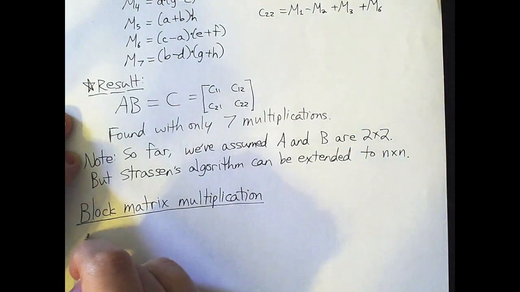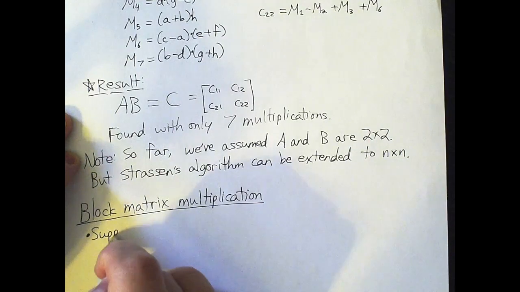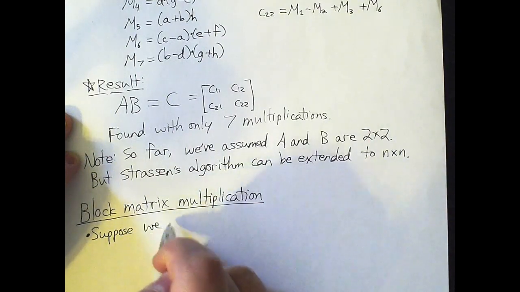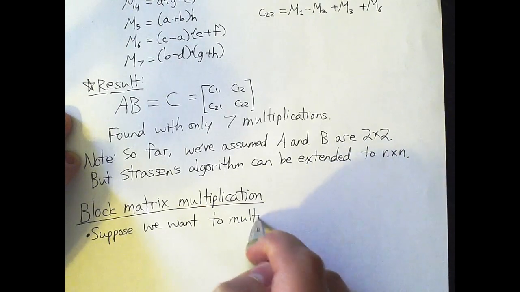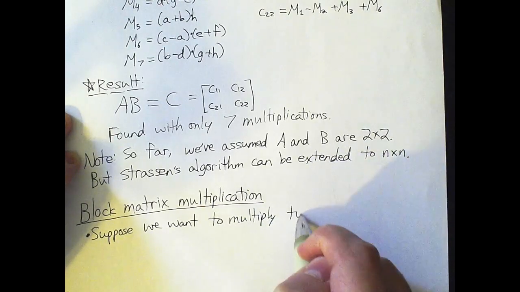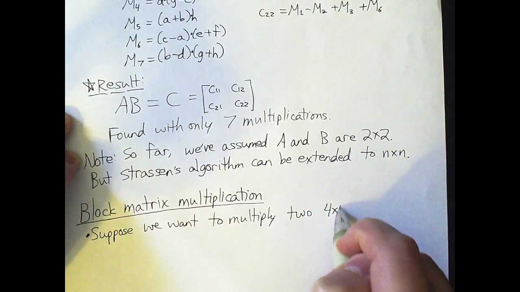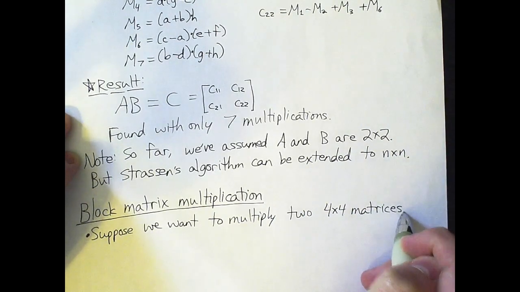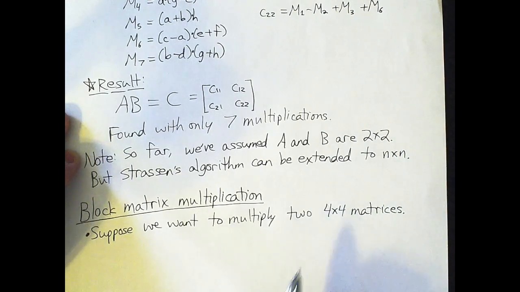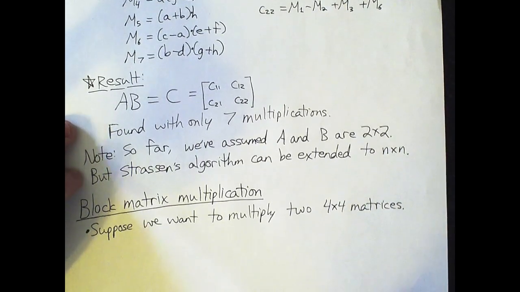So suppose we want to multiply 2 4 by 4 matrices. I'm still keeping the examples kind of small just so that we can easily see it. Let's just look at a 4 by 4 case.